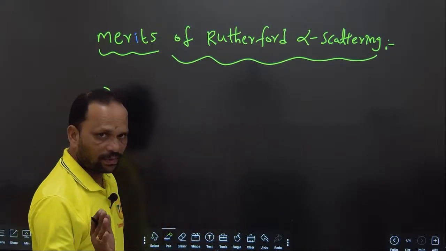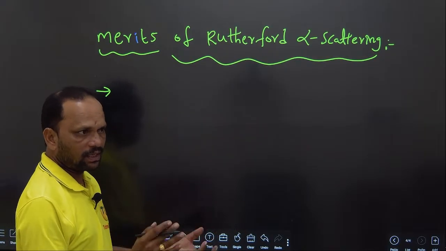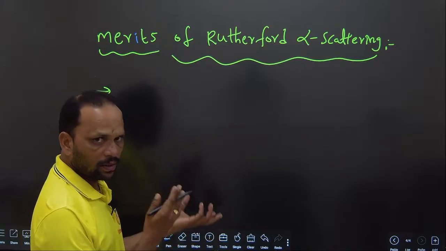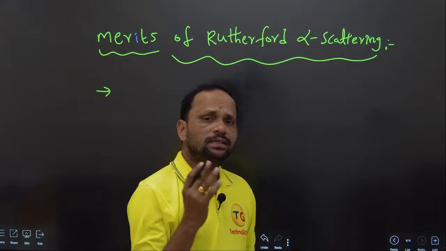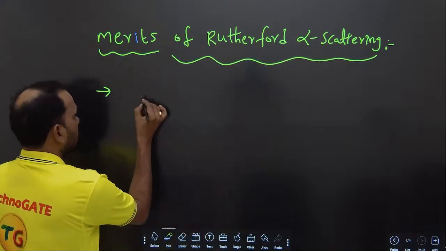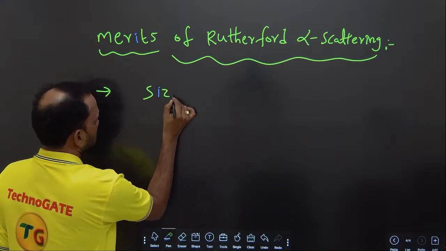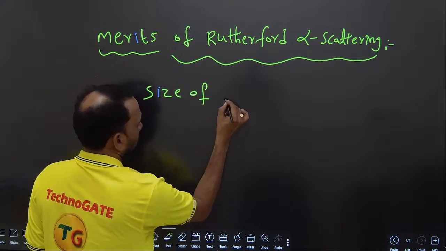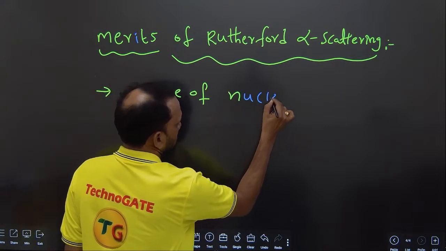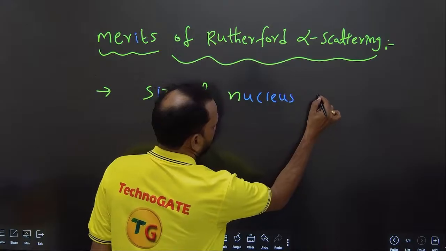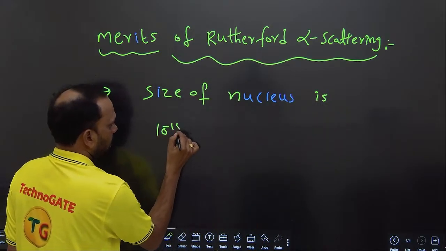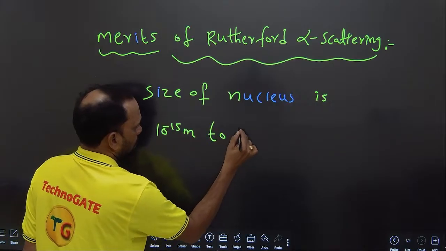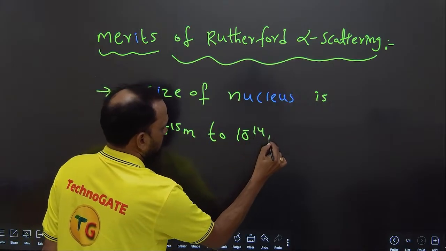From that statement, he did the experiment and verified it. He gave the experimental result for the size of the nucleus. The size of the nucleus is 10 power minus 15 meters to 10 power minus 14 meters.